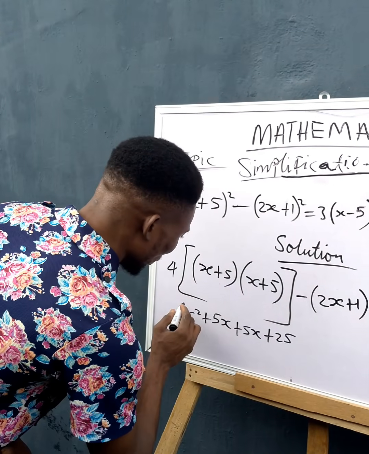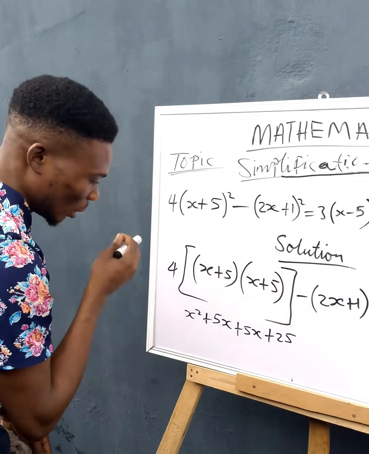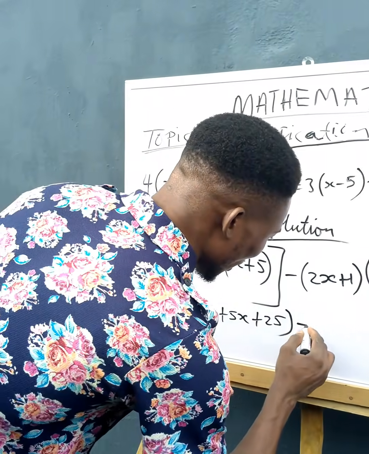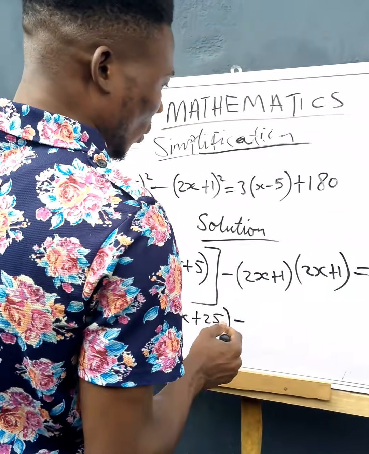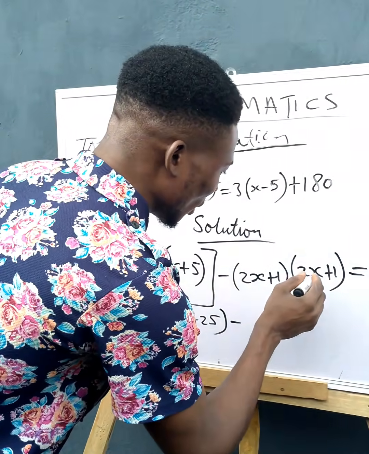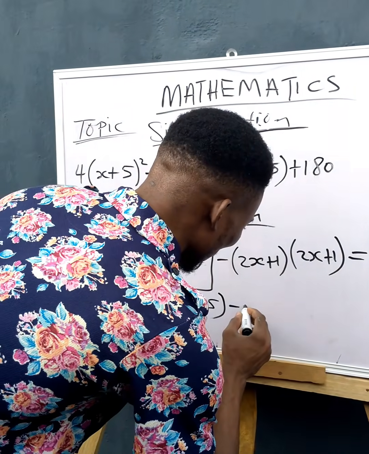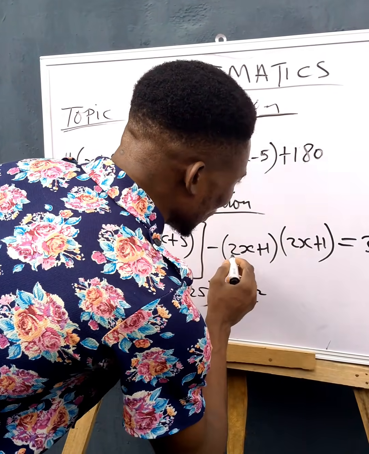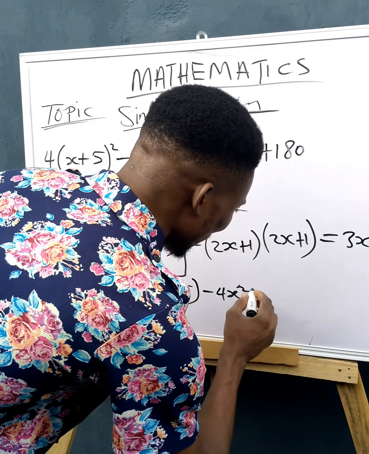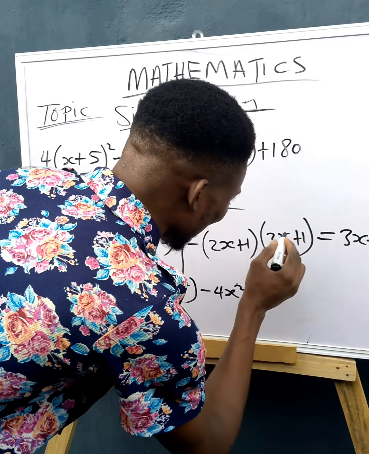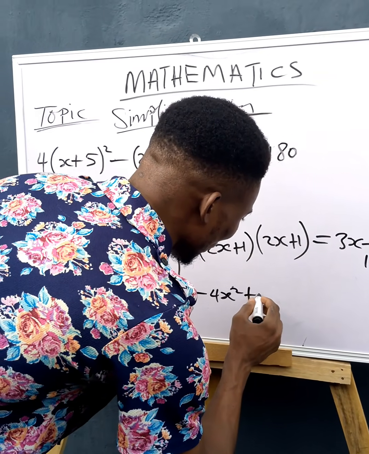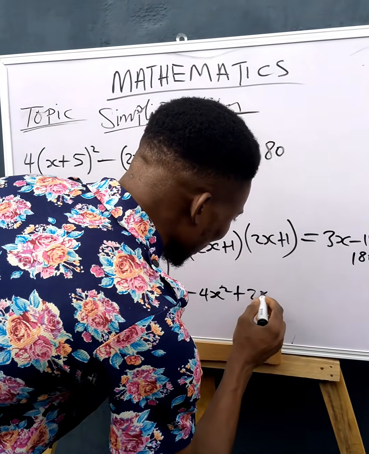I hope you are getting what we are doing here. Remember your 4 is still here waiting. Then minus 2 times 4, 2 times 2x is equals to 4x squared. 2 times 1, plus 2x times 1 is equals to 2x.